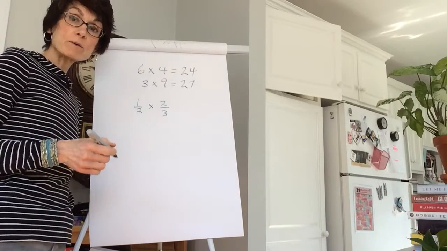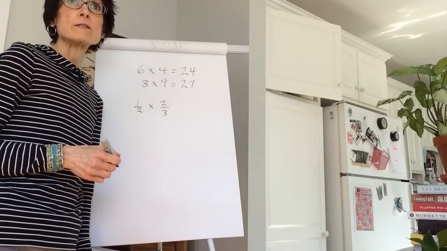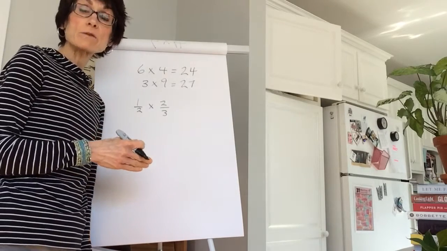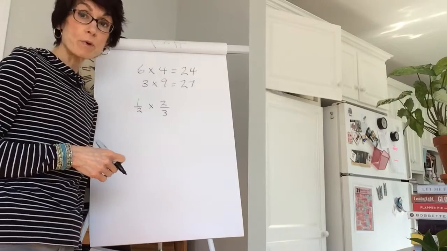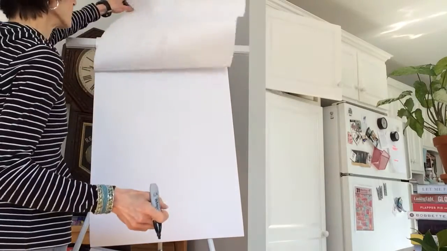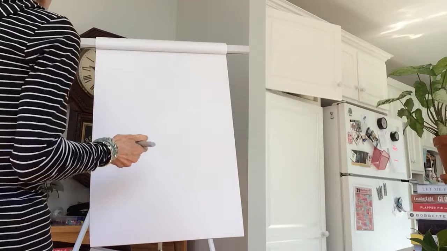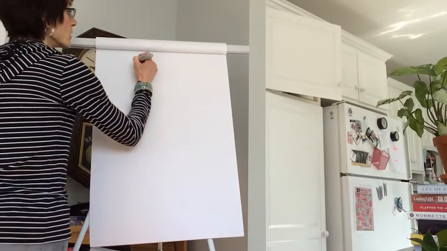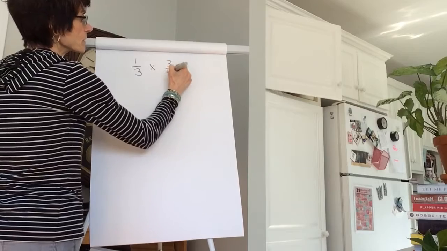And the rectangular model, the area model using a rectangle, is a good way for us to understand the concept of why this is true, and also to help us when we do word problems with fractions and multiplication. So let's just start with an example. All right, so let's start with 1/3 times 3/4.